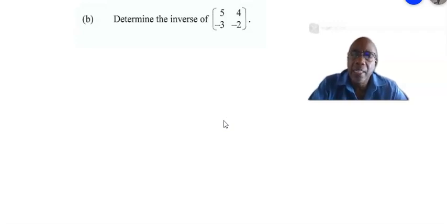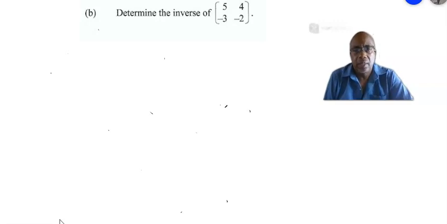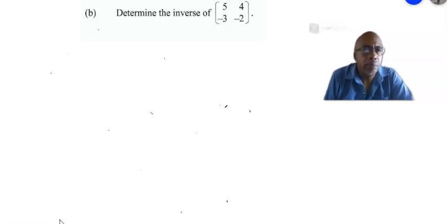So you have to understand exactly what an inverse is first, and then how do you find the inverse of a matrix? The inverse of any number or any term is simply 1 over that number or term. So for example, the inverse of a term x is 1 over x.